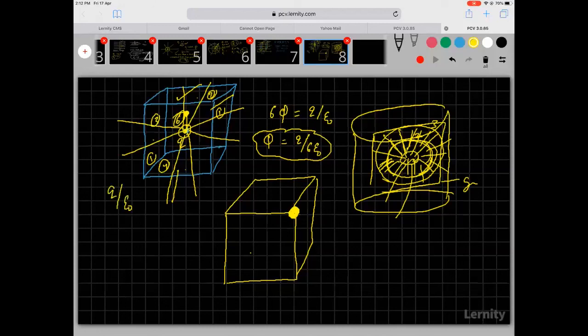See, field lines will be going in all directions. There's no way I'll be able to draw and then find out the number of field lines here. But what I can do is place cubes around this so that I collect all the field lines. So what will I do? I'll place one cube here. This is one cube. I'll place another cube above this.